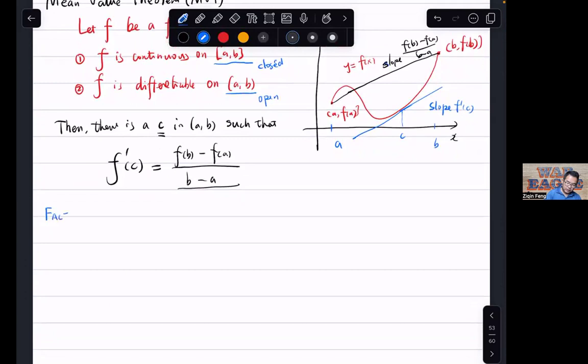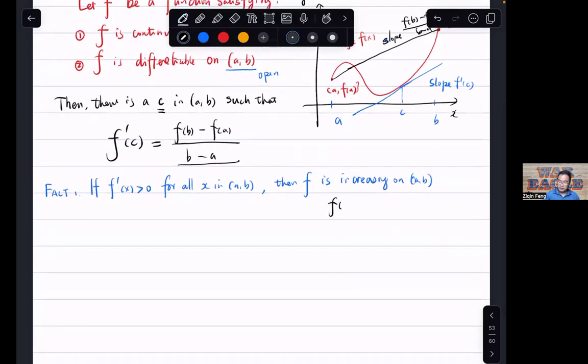Fact one here: if f prime of x is always positive for all x inside (a, b), then f is increasing on (a, b), right? Let's recall the definition for increasing.